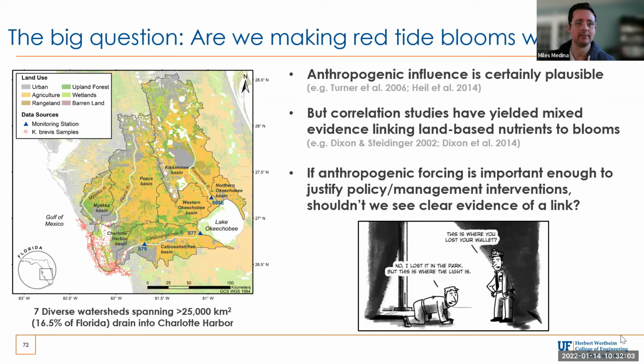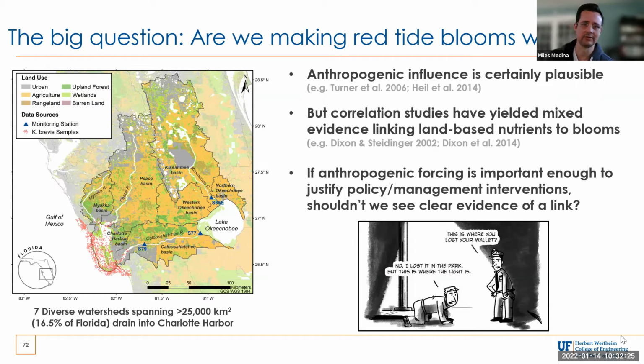And finally, we know that the amount of nutrients that we're putting out can meet a substantial portion of the bloom's nutrient requirements. On its own, the nutrients we put out aren't typically enough to sustain a bloom, but they can make up a substantial enough portion to be concerned about. So it's certainly plausible that we could be making blooms worse.